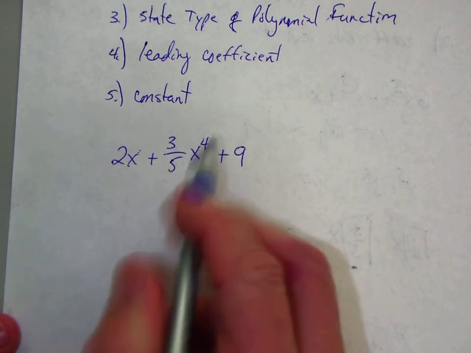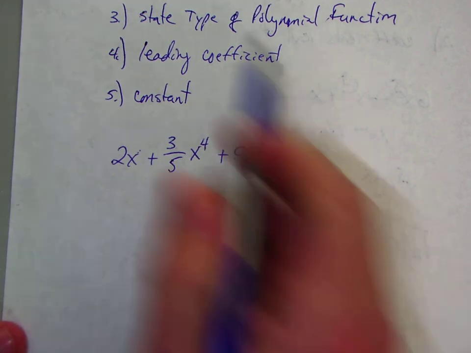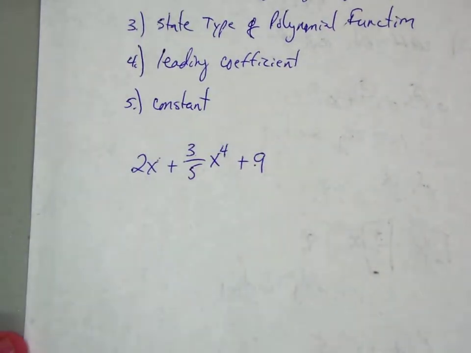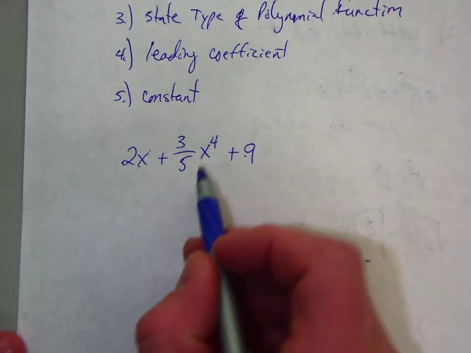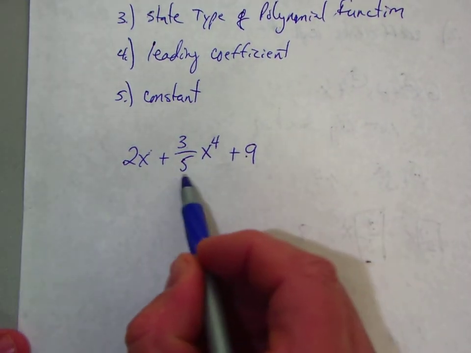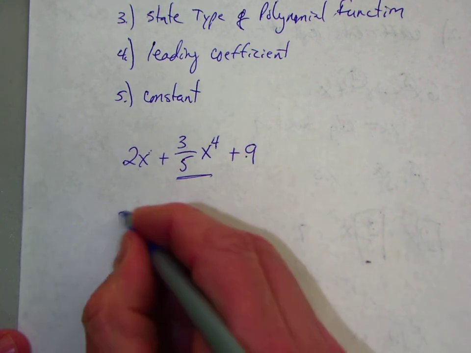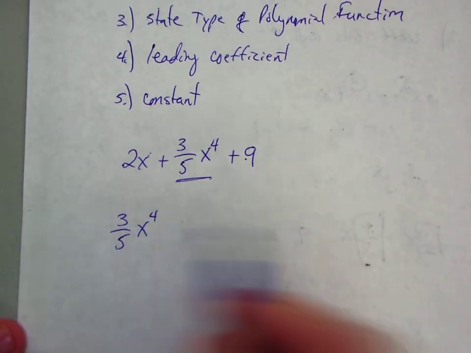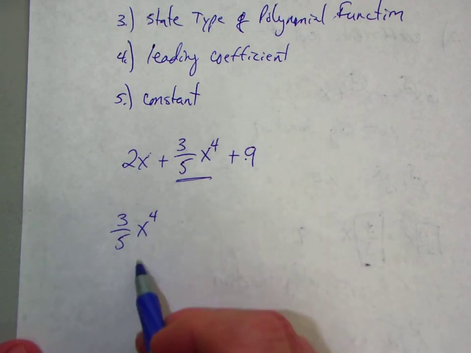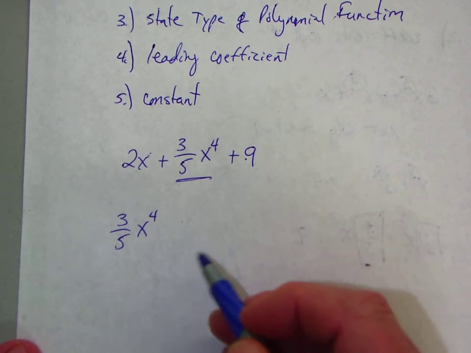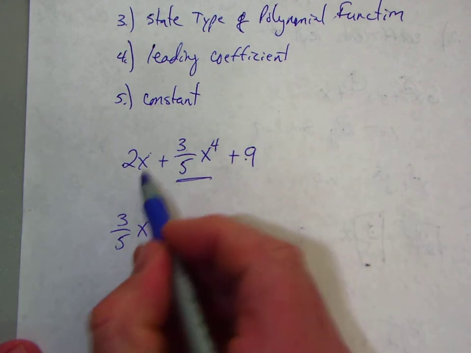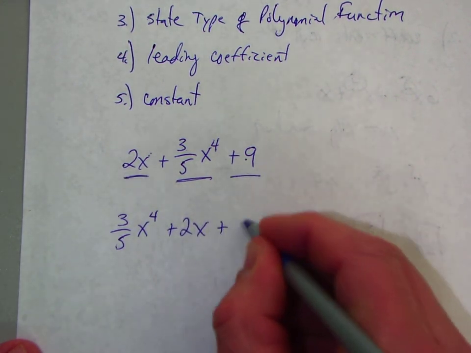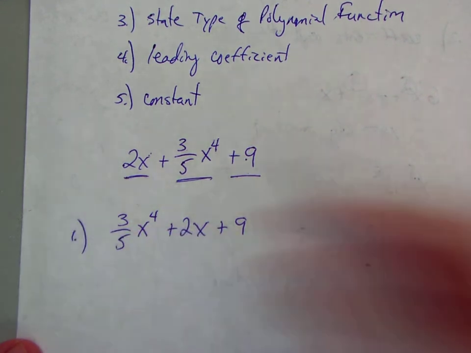So this first step, you should be able to put it in standard form. To do that, you take the variable with the highest exponent, which is this term, and put that first, and then you just start decreasing in order. So the next term will be 2x, and the last term will be the constant. Therefore, that is standard form.